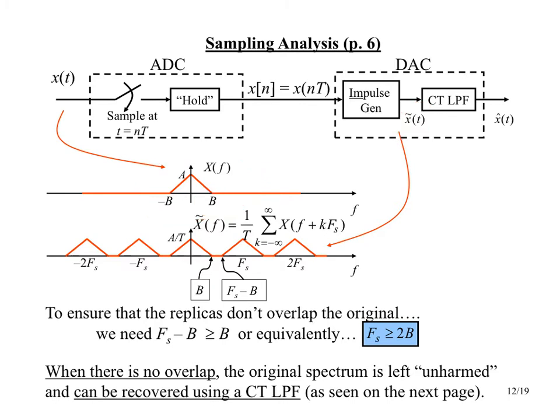Let me clear these things off. We look at the spectrum here, and we see our original, and then we see a bunch of shifted versions of those. And remember, they are shifted by multiples of Fs. So when we see that, we can quickly realize that what we need is this edge to be above this edge.